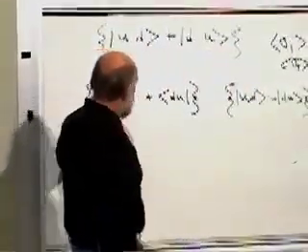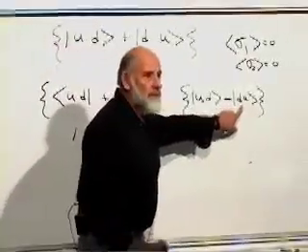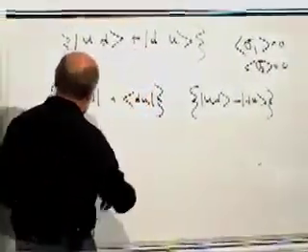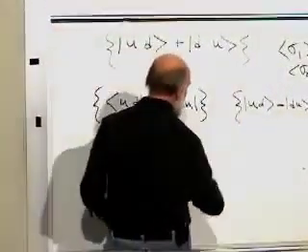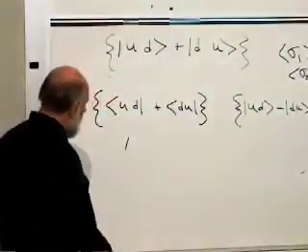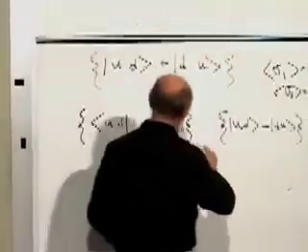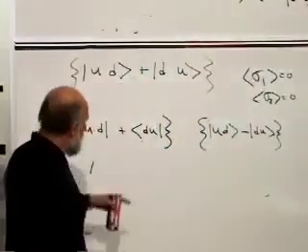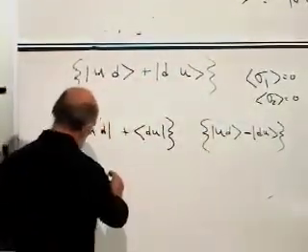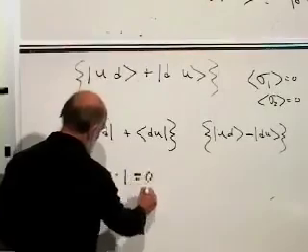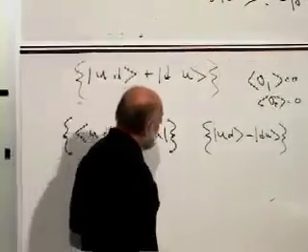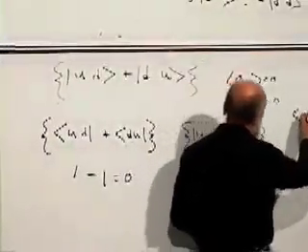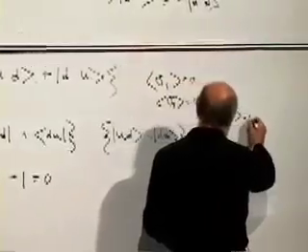What's the inner product of up, down with down, up? They're different situations. 0. Down, up with up, down? 0. And down, up with down, up is 1, but there's a minus sign. So we found all 3 expectation values are equal to 0.